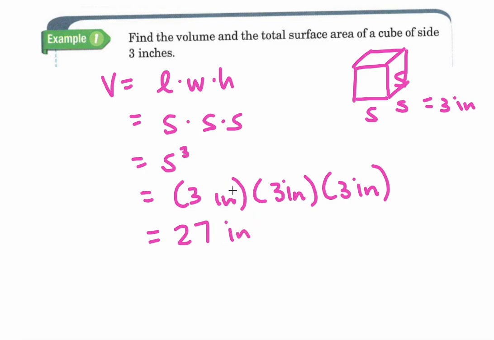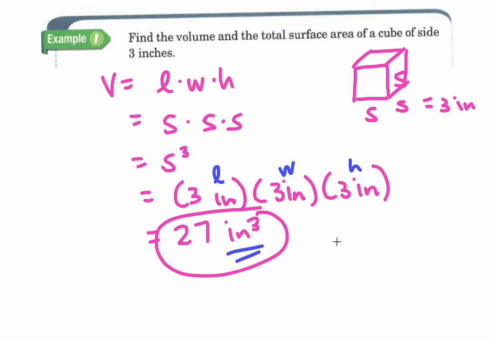There's how many inches? 1, 2, 3. So inches cubed. My volume for this cube is 27 inches cubed. Notice how the unit is cubed. That's because there are 3 different dimensions: the length, the width, and the height. So our units also have 3 as the power.